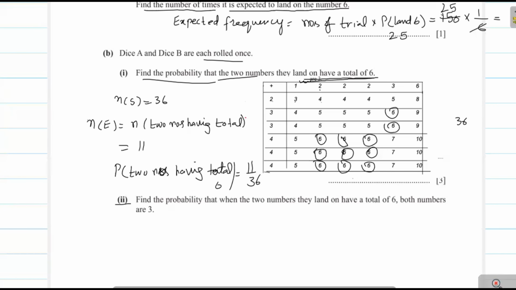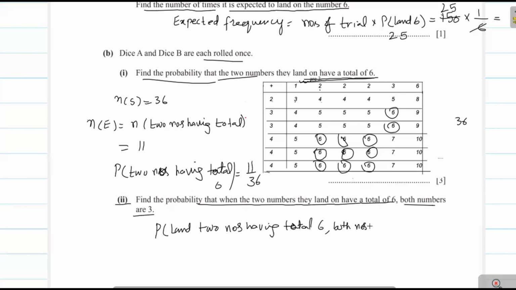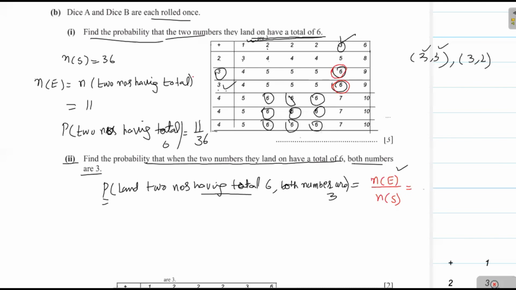Next, find the probability that when two numbers they land on have a total of 6, both numbers are 3. Now the probability will be equal to the total number of outcomes in the event.